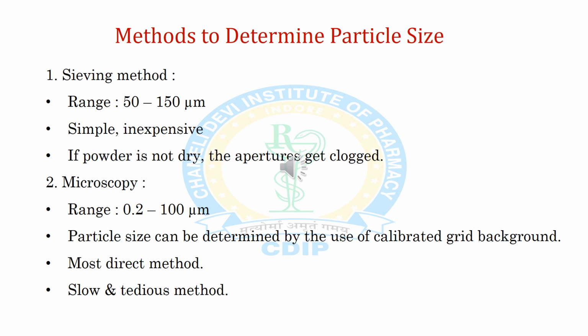If the powder is not dry, the apparatus can get clogged, so this method cannot be used. The second method is microscopy, in which 0.2 micrometer to 100 micrometer size can be determined. Particle size can be determined by the use of a calibrated grid background. It is the most direct method, however slow and tedious.